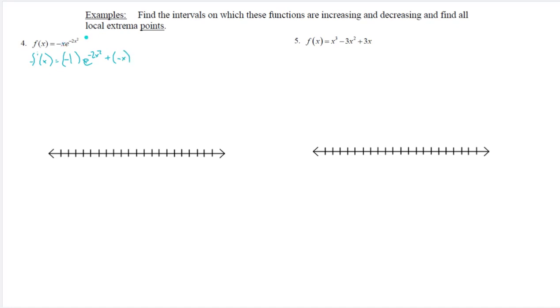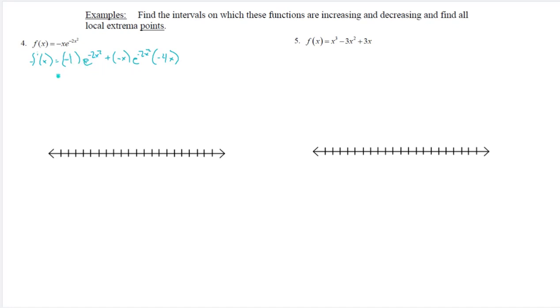And then this is where the chain rule comes in. The derivative of e to the negative 2x squared is e to the negative 2x squared times the derivative of that, which is times a negative 4x.